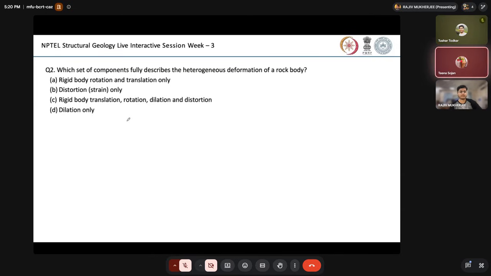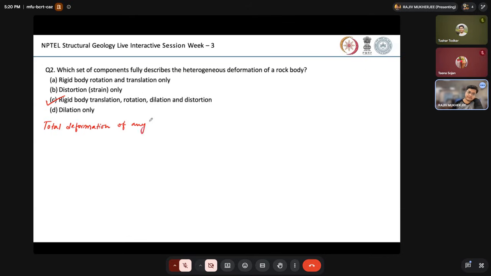Option C. Exactly. Option C is the correct answer. So why? Because we can say that total deformation of any material body can be decomposed into four components.